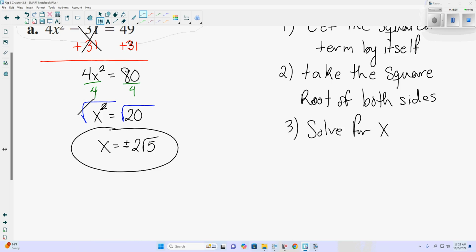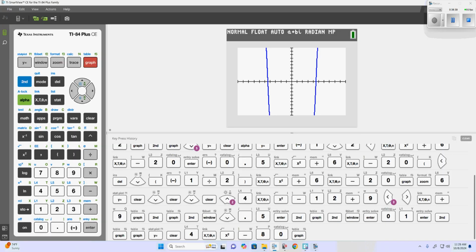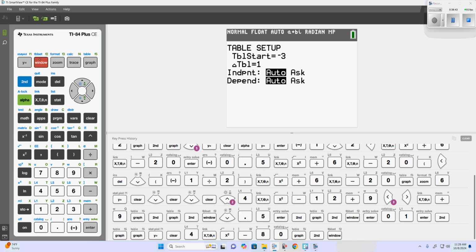Before y'all put the graphing calculators up, one thing I do want you to do is second window, and make sure the table is back to 1. So if you didn't change it, it's not going to make any difference. But if you did, just scroll down, make sure it's 1. Does the table start at negative 3?